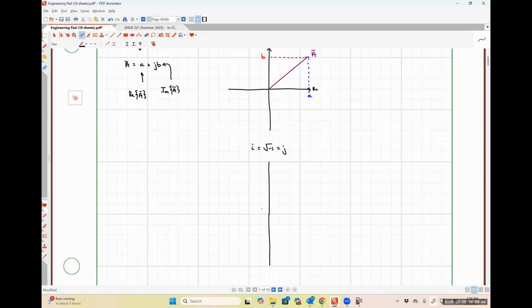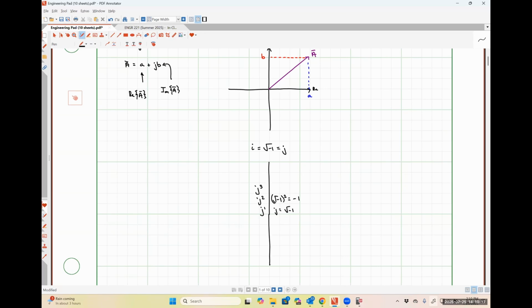So the first thing I'm going to do is put j to the first power here. So j to the first power is just j by itself, and we know that is the square root of -1. So j to the second power is just going to be the square root of -1 quantity squared, which is -1.